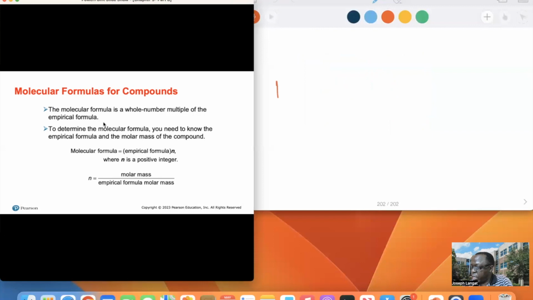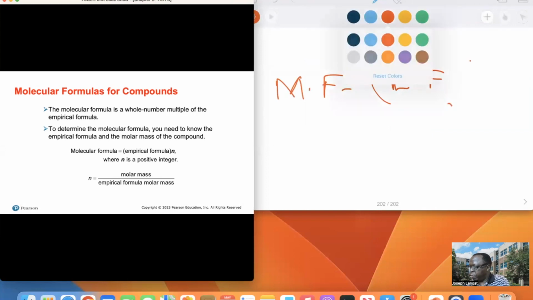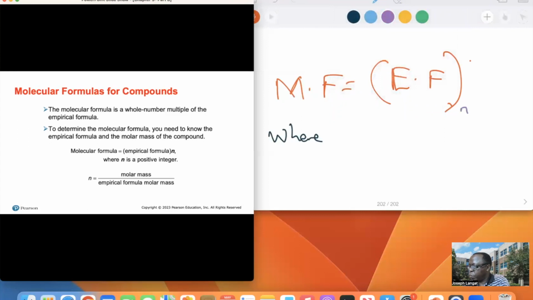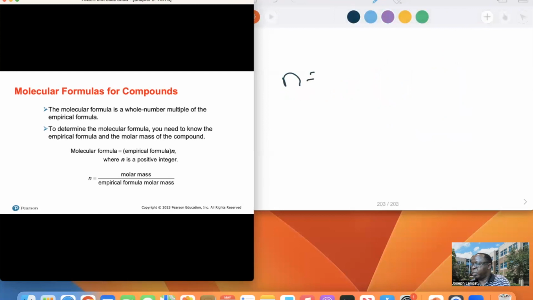So let me abbreviate this: the molecular formula is given by the empirical formula times n, where n has to be a whole number. n is given by the molecular formula mass, and this is always given, by the way, always given.